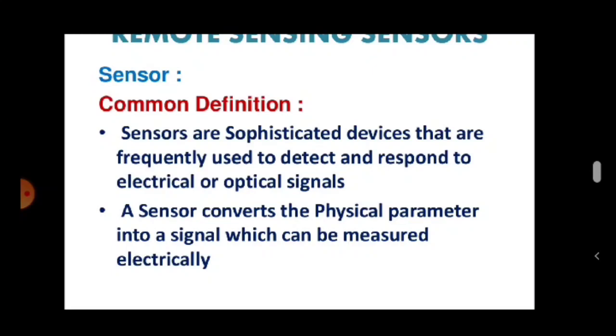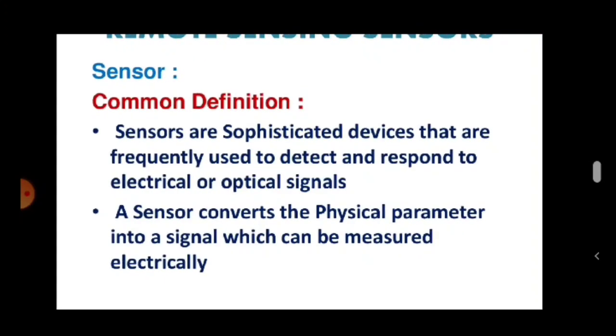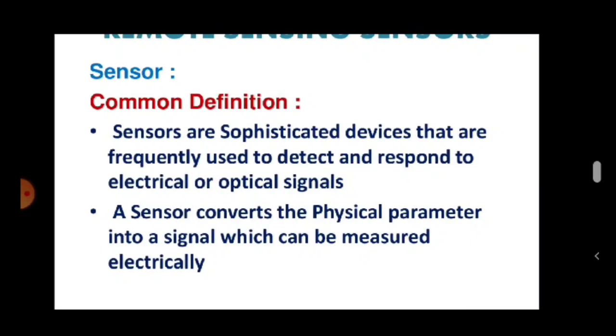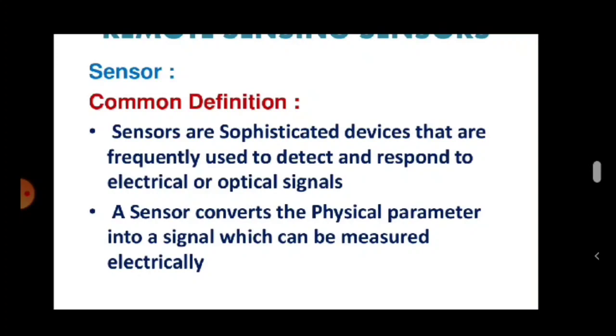And the fourth one is energy transmission from the surface to the remote sensor. That's the fourth part. Next, the sensor outputs data. Then that data is transmitted or processed. So there are 6 stages of remote sensing.